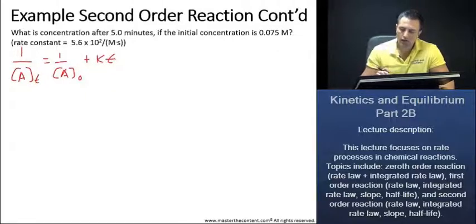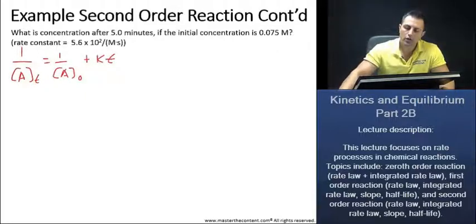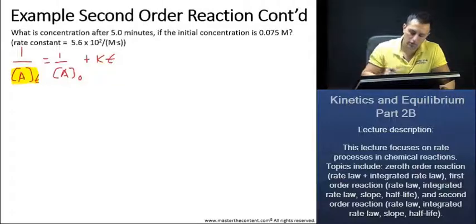Great. And now our question, right? It's asking us, what is the concentration after 5 minutes? So it's a concentration after some time, which is just this term here, right? And we have the initial concentration, we have the time, we also have our rate constant here. So let's just go ahead and fill in our values initially.